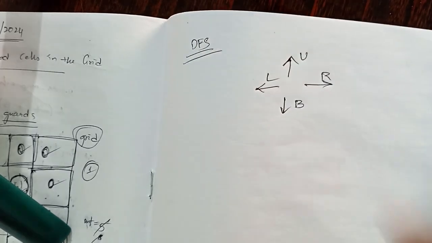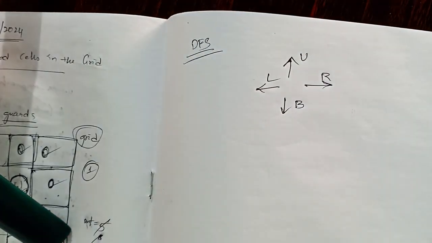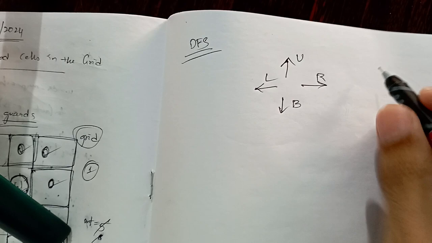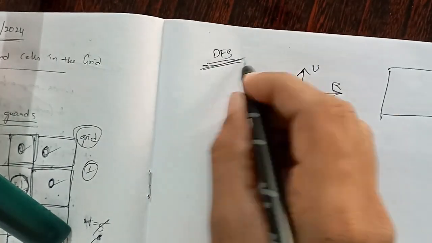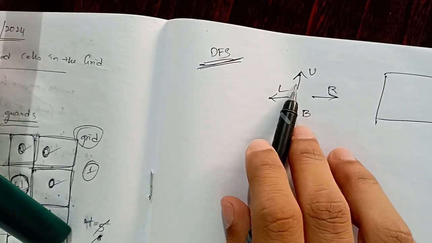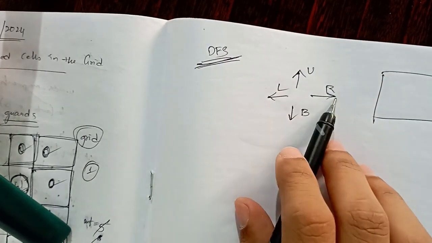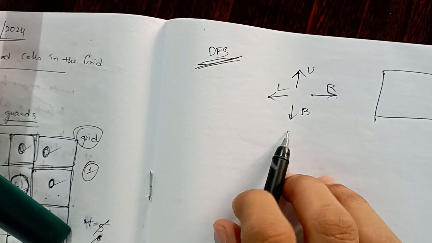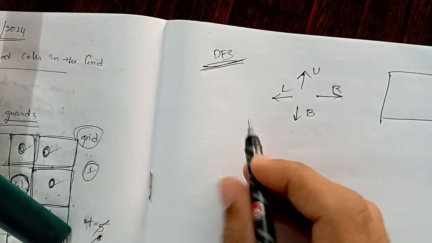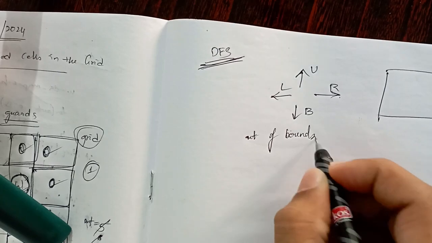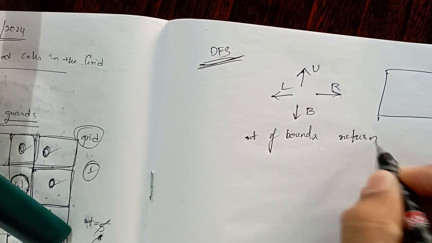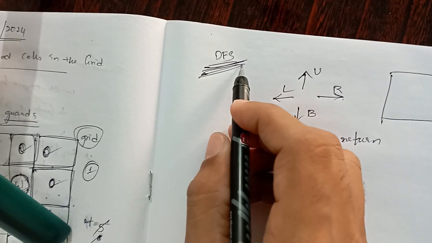In the same way, we need to create a grid and go by depth first search, going up, right, bottom and left. And if we go out of bounds, we need to return from the DFS.